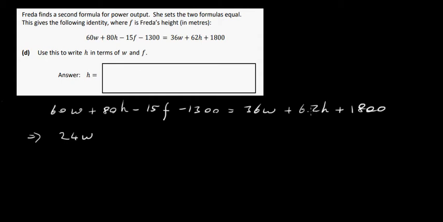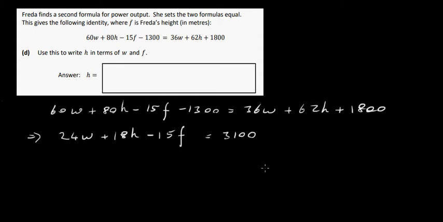So that's 80 minus 62, that gives me 18, so plus 18H. We have a minus 15F. There isn't another F there, so we don't have to worry about that. And I'm going to take this 1300 and bring it over to this side. So we've got 1800. This time I'm going to add 1300 to both sides. That gives me 3100.